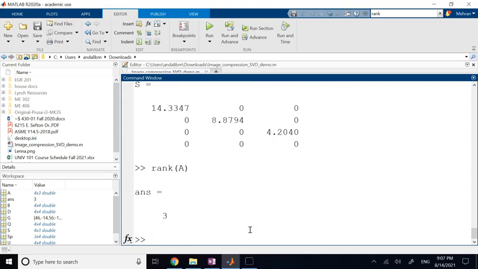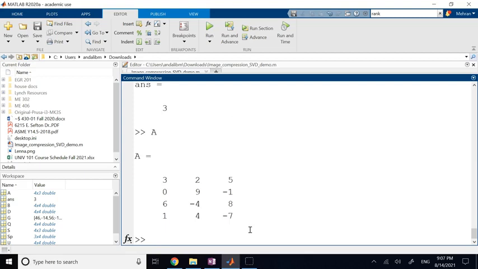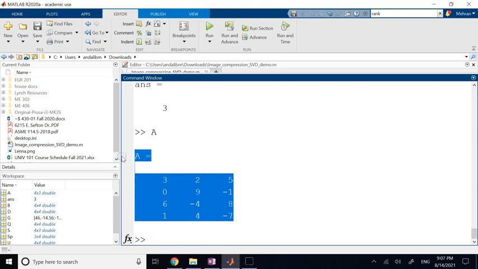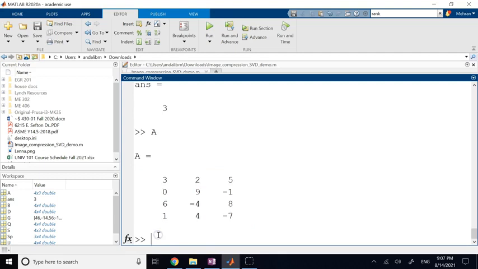Okay, but if I had a rank deficient matrix, then rank would be less than that. So let's say here, if I change A, so A was this, right? Now, if I go ahead and change A a little bit, and let's say make the 4th column different, linearly depending on one of the columns.